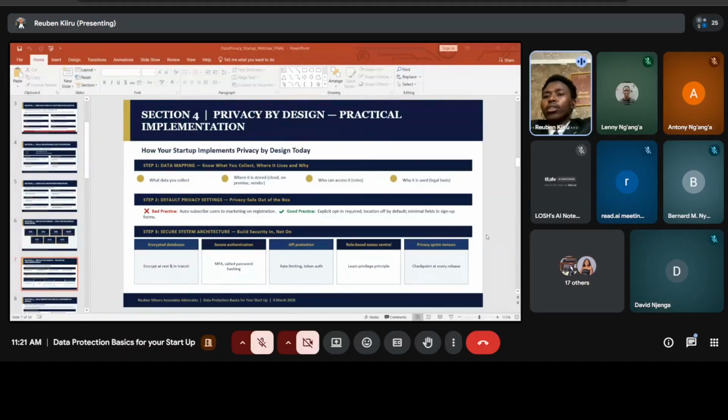Then ensure that you encrypt your systems and databases, have secure authentication, protect your APIs, have rate limiting and authentication. Then RBAC: ensure people have the least access and least privileges within your system. Also ensure that you have checkpoints at every release.